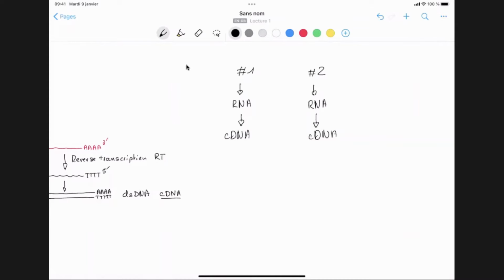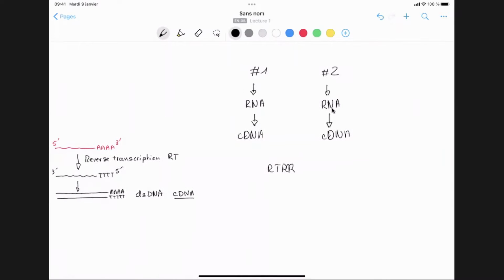And if we do the PCR after, what we call RT-PCR, we do a PCR on the cDNA that has been produced from the RNA extracted in the 2 samples. After, we will have PCR product.